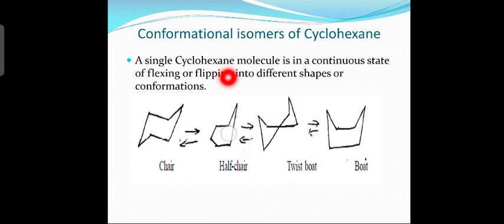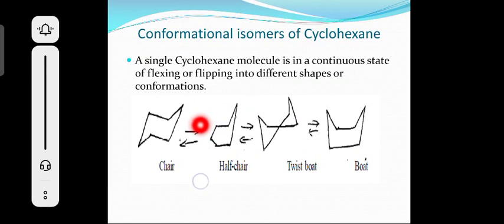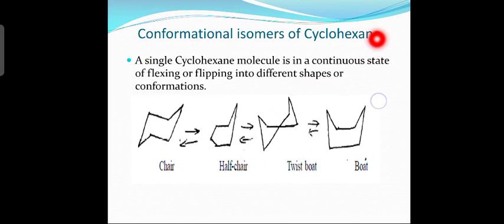Now a single cyclohexane molecule is in a continuous state of flexing or flipping into different shapes or conformations. You can see here the different conformations. Which are they? Chair form, half chair, twist boat, and then boat form.